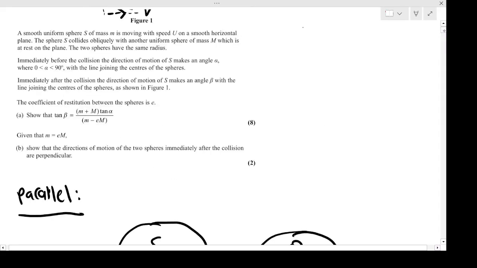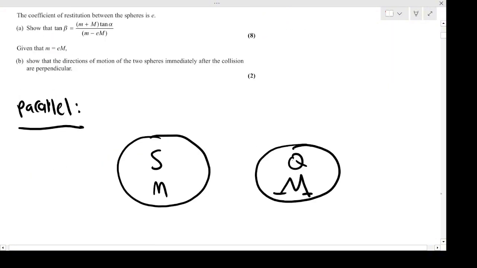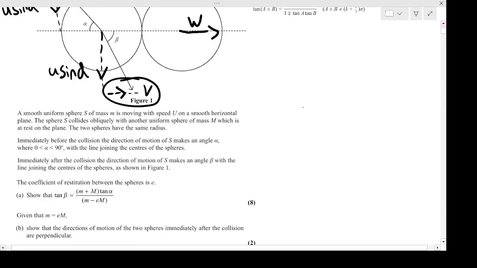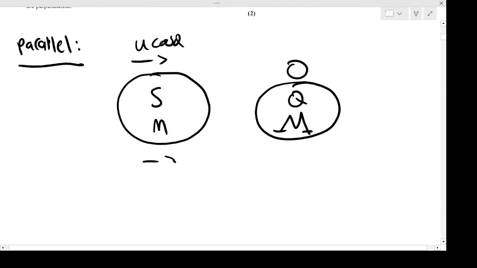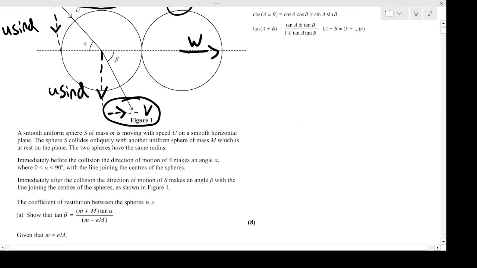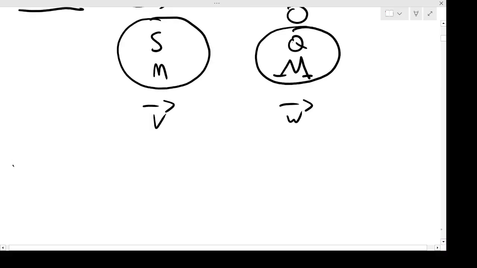Now for the first one, as we just done, the initial parallel part is u cos alpha going forwards. And initially the other one's at rest. Then afterwards, it's going forwards with this speed V. And the other one's going forwards with speed W. Right? There we are. And so again, at that point, I can apply momentum and restitution. So momentum firstly.